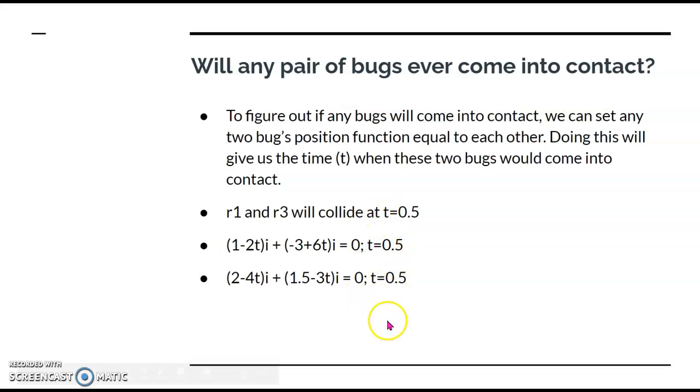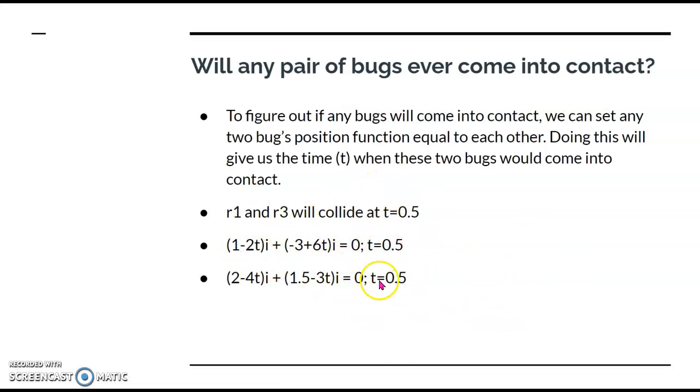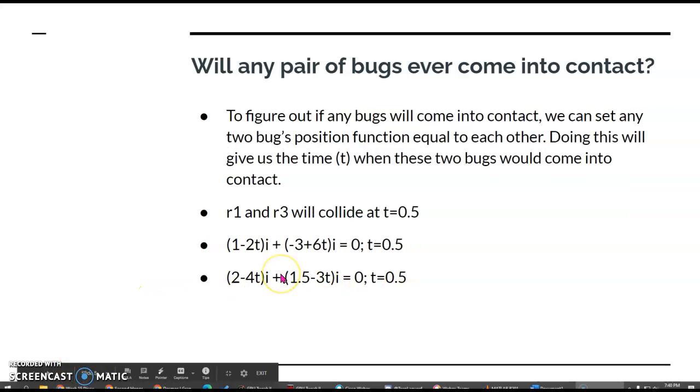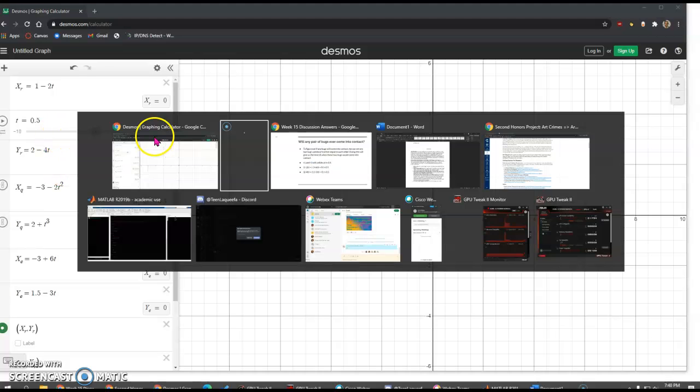If t equals the same value for each component, then you know that they are going to cross at that time. But if t were to be different for the x and the y component, then they don't cross at that time. So this is how you can do it mathematically, and this is a way to visualize the answer.